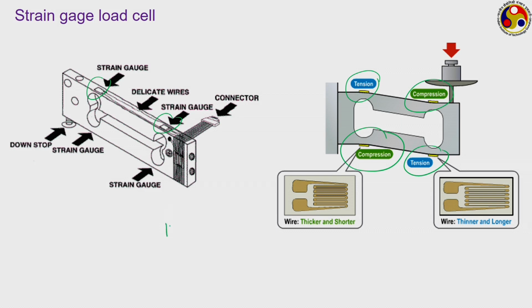We can have a factor of k equal to 4, that is we can magnify the factor to be 4, or we can sometimes also have it 2 into 1 plus nu, which refers to 2 of them sensing longitudinal strain and 2 others sensing lateral strain, whereas in this case all are sensing the same direction of strain. So, strain gauge load cells are also quite commonly used to measure very small amounts of deflection, converting it to a change in resistance and subsequently electrical signals.